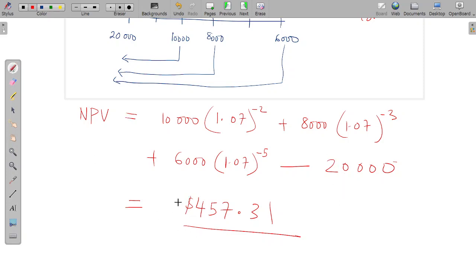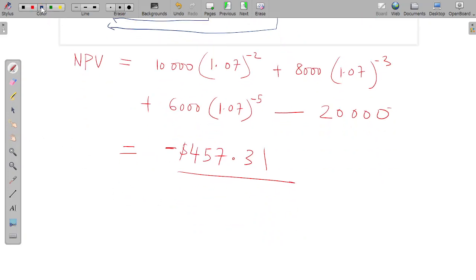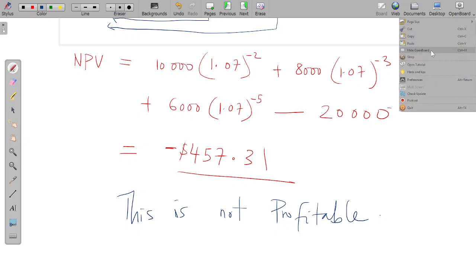But if it is negative, please ensure that you put it, because that will show us that it's not profitable. So from here, we see that this is not profitable. Please take note of that.